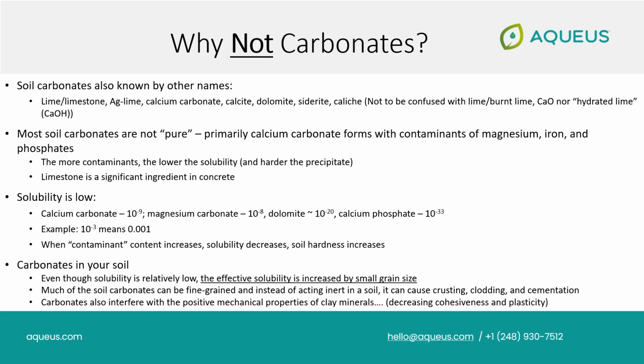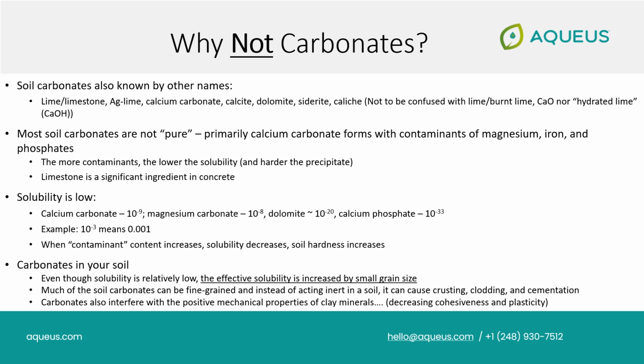Just to make sure we're not confused, don't confuse soil carbonates, lime or limestone, with burnt lime, which is calcium oxide, or hydrated lime, which is calcium hydroxide. I see an error there: calcium hydroxide is Ca(OH)2 actually.